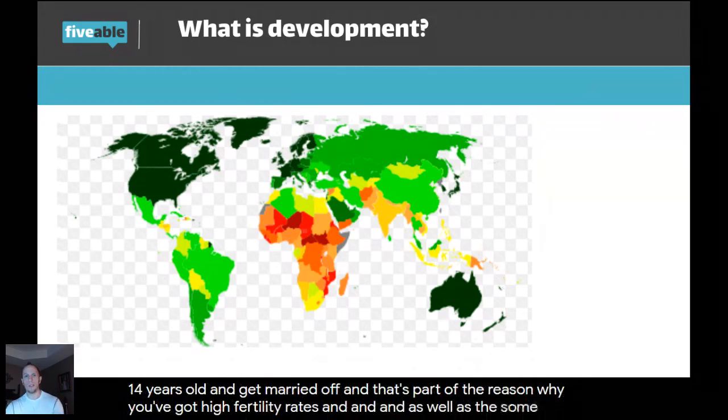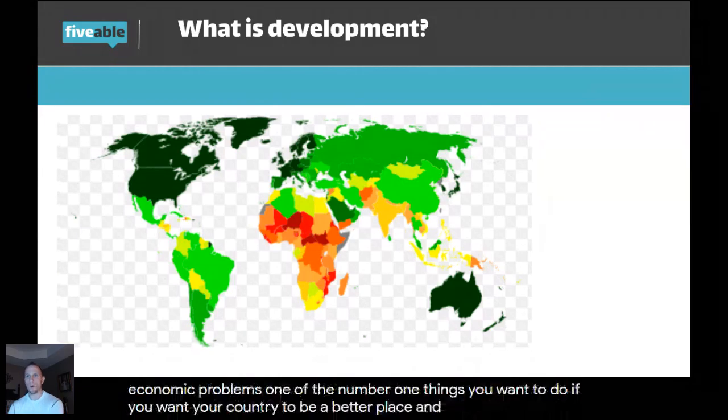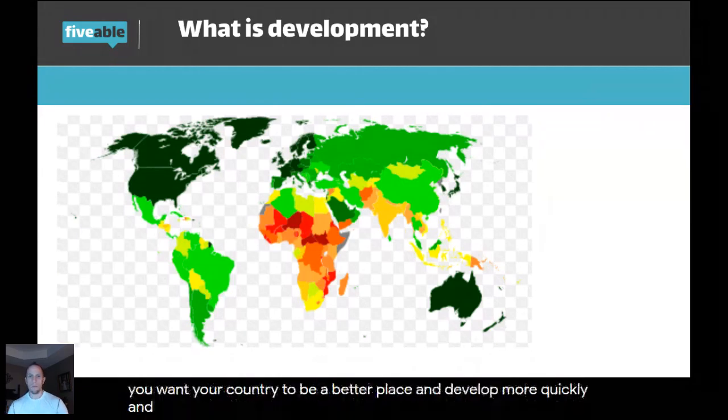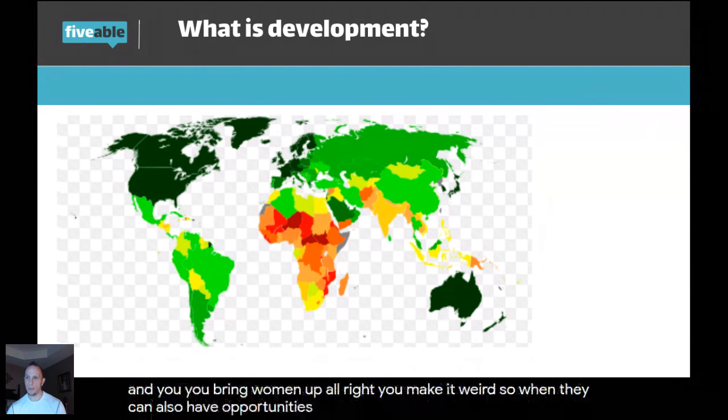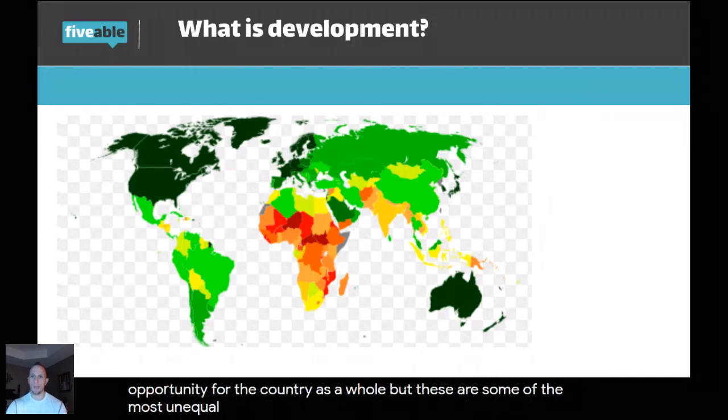One of the number one things you want to do if you want your country to be a better place and to develop more quickly is you bring women up, right? You make it so that women can also have opportunities, and that's going to lead to huge opportunity for the country as a whole. But these are some of the most unequal, undeveloped places on Earth.